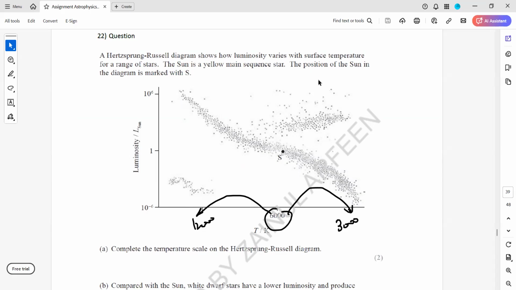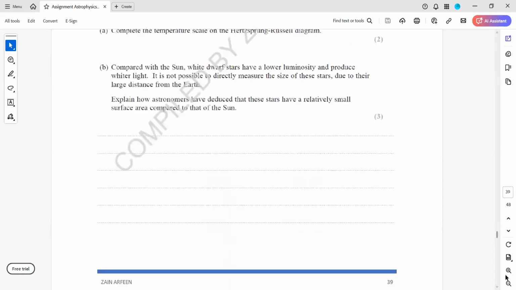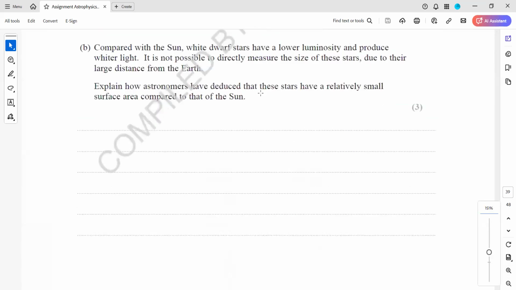In part B, compared with the Sun, white dwarf stars have a lower luminosity and produce a whiter light. When we compare with the Sun, the white dwarfs have a lower luminosity. They are not that luminous and produce whiter light.